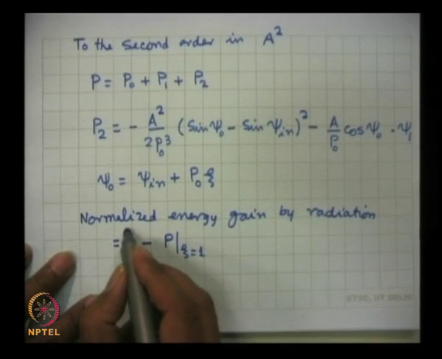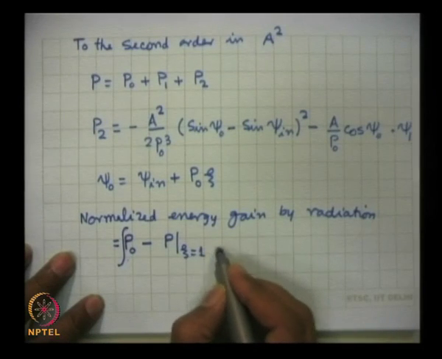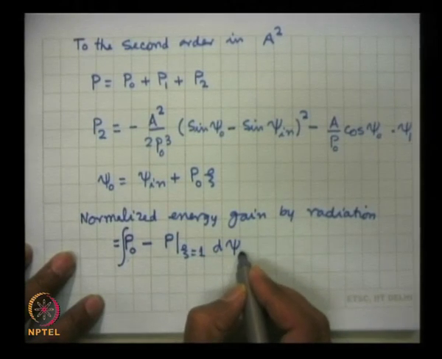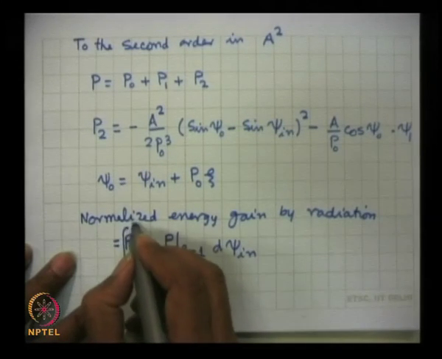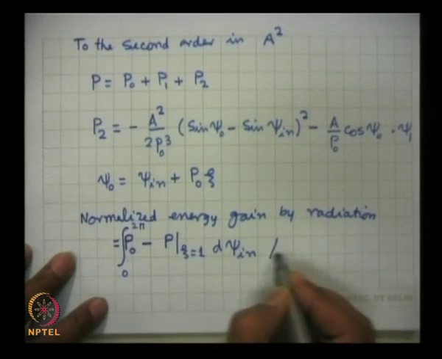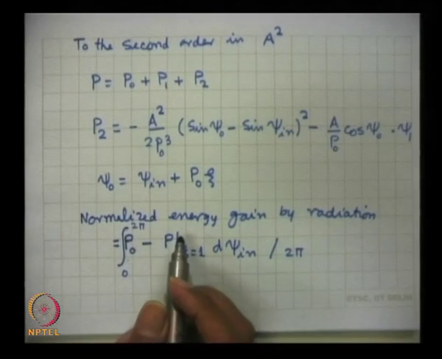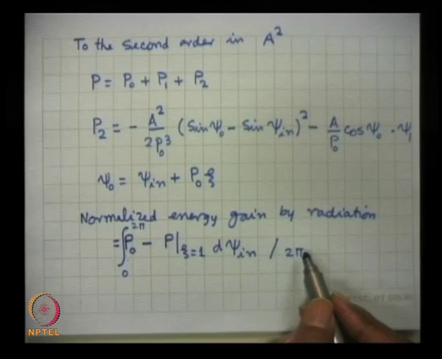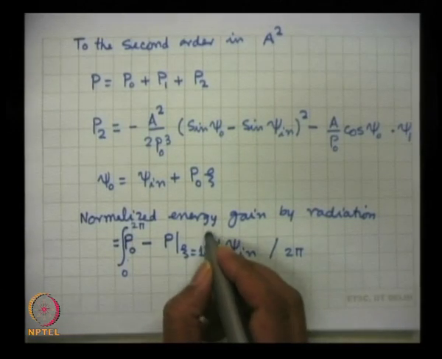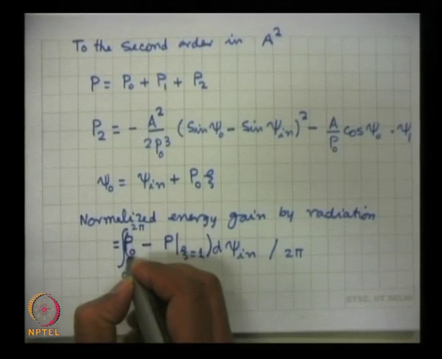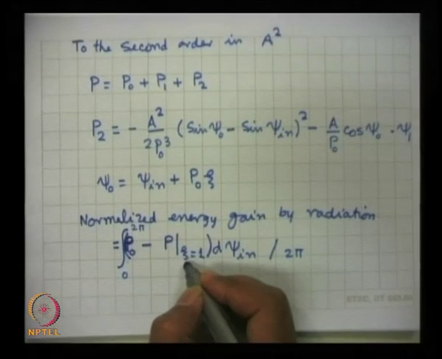I get this quantity integrated over d psi in from 0 to 2 pi and divide by 2 pi. This is the normalized average energy gain by radiation per particle when it is averaged over all the phases of the particles. So, this should be within the bracket. This is P0 minus P evaluated at xi equal to 1.